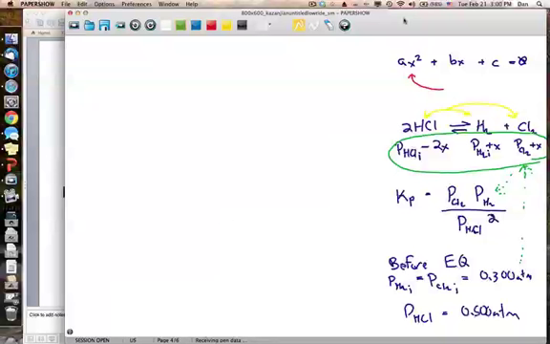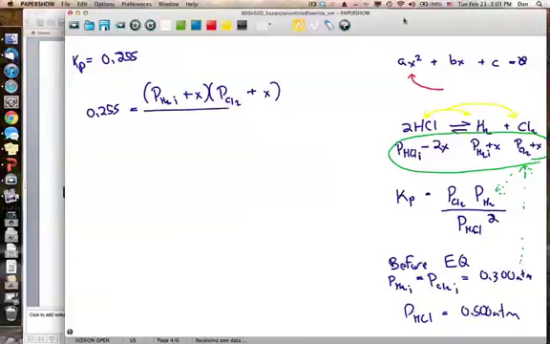So let's see what that actually looks like. Well, we know that the Kp in this case will equal 0.255. And so we can write 0.255 is equal to the partial pressure of the H2 initial, plus x, times the partial pressure of the Cl2 plus x, all divided by the partial pressure of the HCl initial minus 2x, all of that squared.